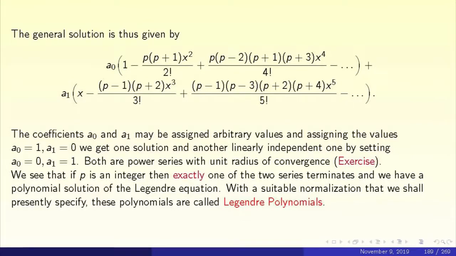Remember that is a second order ordinary differential equation, so the general solution will involve two arbitrary constants. These are the two arbitrary constants that you see in the general solution.